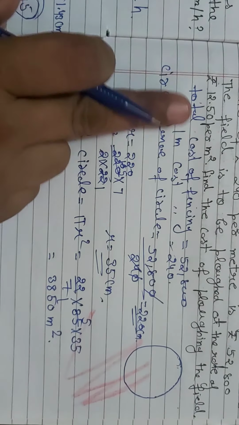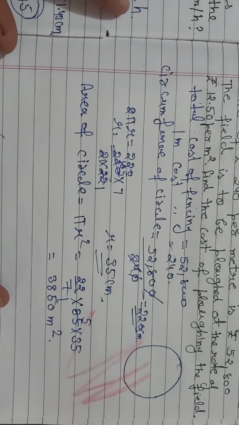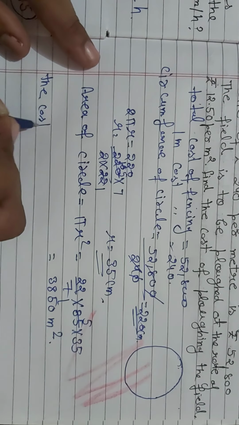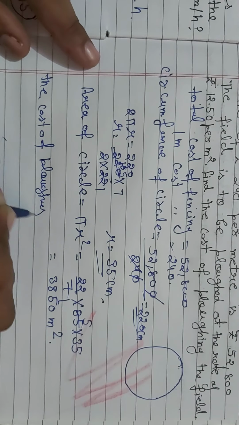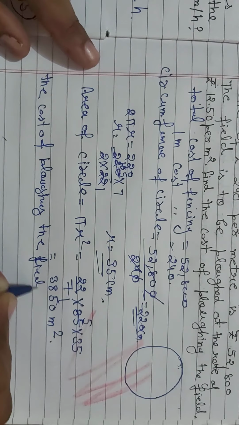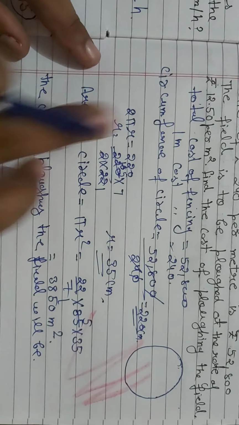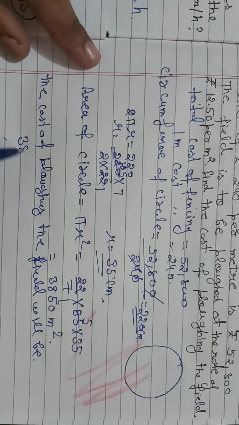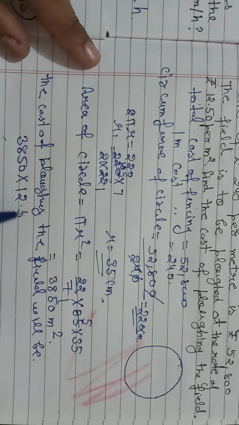Next, 1 square meter cost given, we find the complete square meter cost. Then the cost of plowing the field will be x square meter multiply, complete area 3850 multiply 12.50.